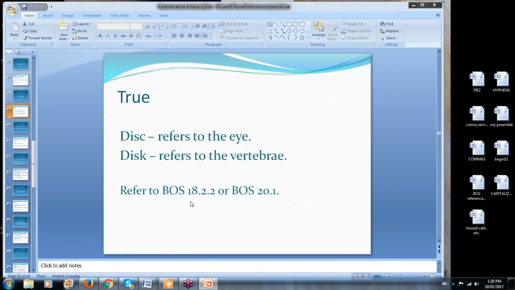Now there's two places in the Book of Style that you can reference this, and that's 18.2.2 or 20.1. Okay. I use the trick you see with the eye. Yeah, that's a good trick.